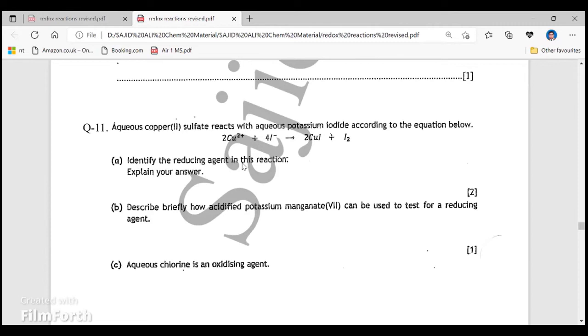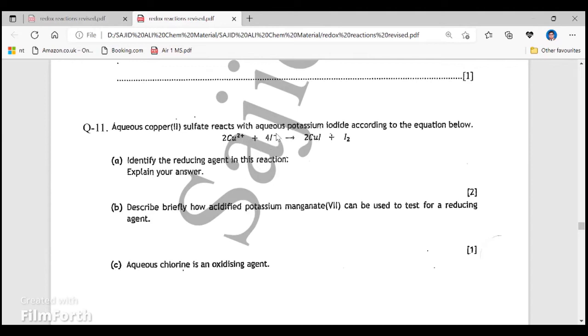So identify the reducing agent in this reaction. Explain your answer. Which is the reducing agent? Copper ions are being reduced by gaining electrons, because initially there was a +2 charge on the copper, so the oxidation state of the copper was +2 over here, but on the product side it is +1, so it has decreased because electrons are being gained by copper(II) ions.